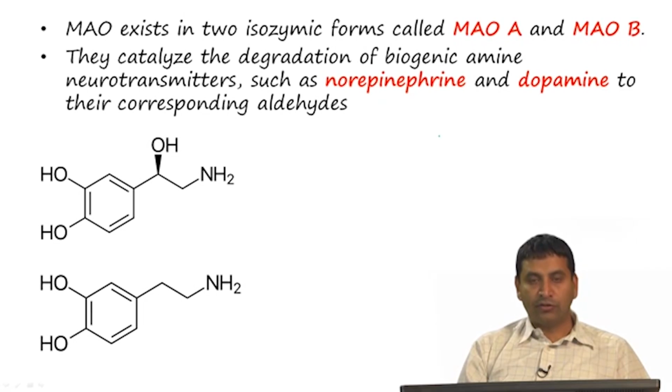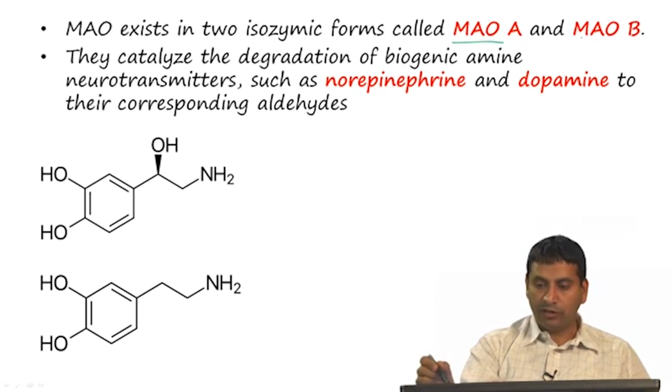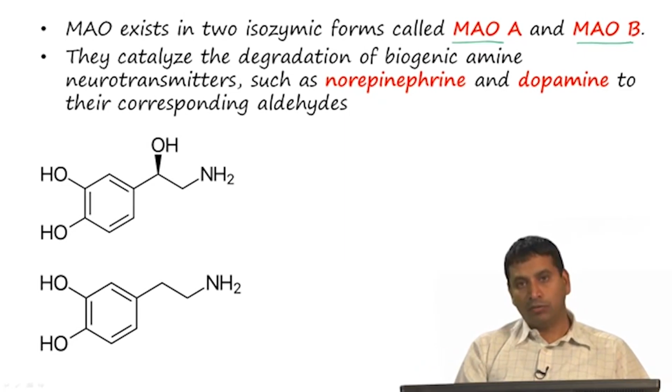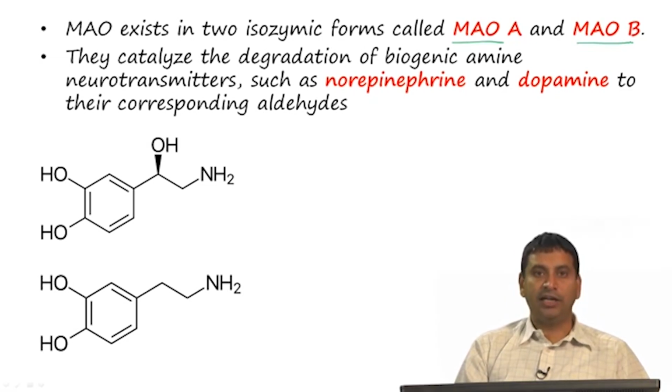These are the structures of norepinephrine and dopamine, and they are oxidized to the corresponding aldehydes. Monoamine oxidase exists in 2 isomeric forms, MAOA and MAOB, and they catalyze this reaction wherein the norepinephrine or dopamine is converted to the corresponding aldehyde.